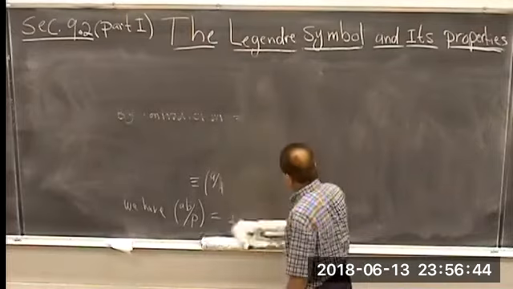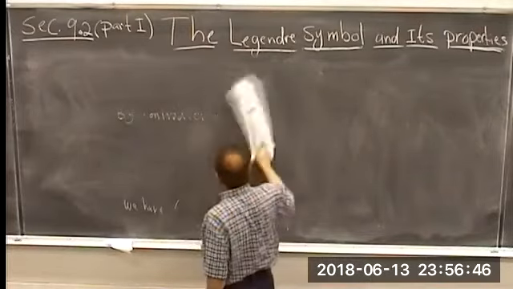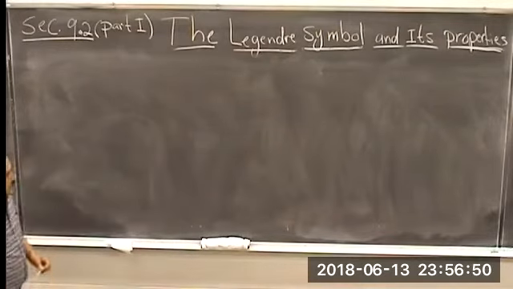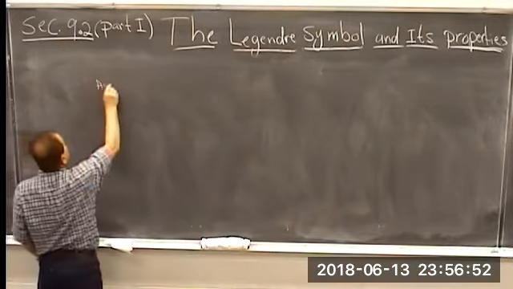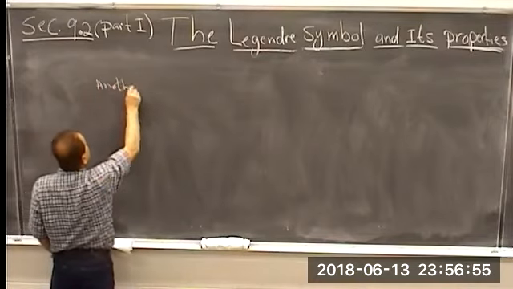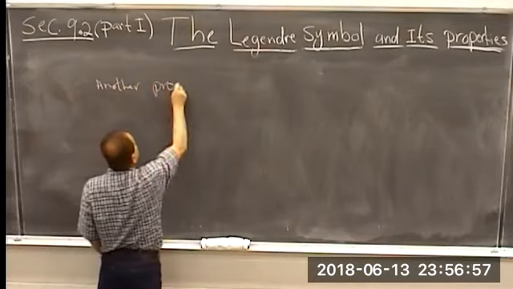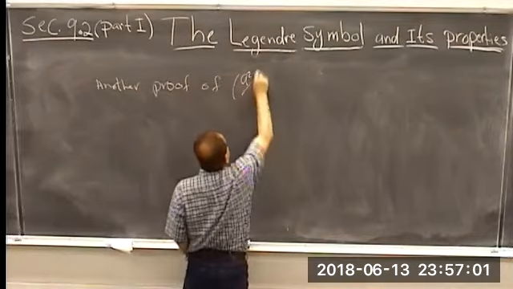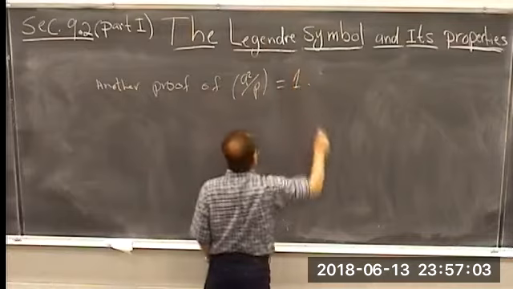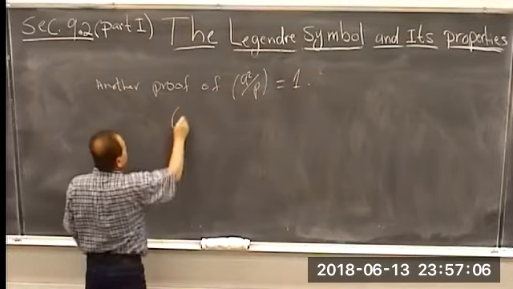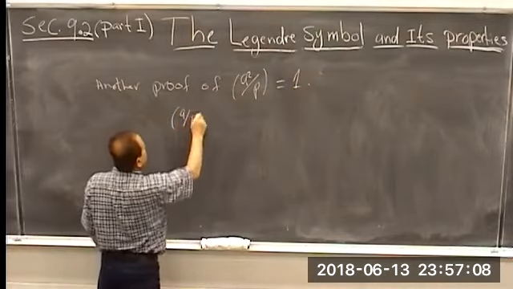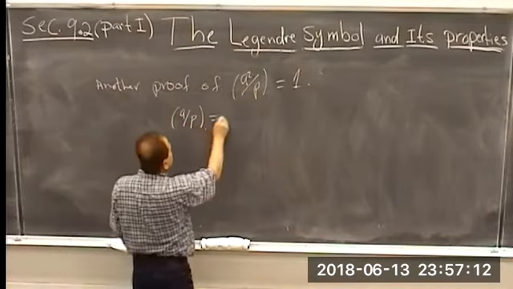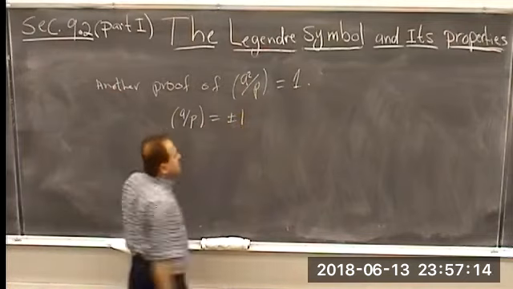So let me put it in. Here's another proof. (A/P) squared is always equal to 1. I know that (A/P) is equal to plus or minus 1.